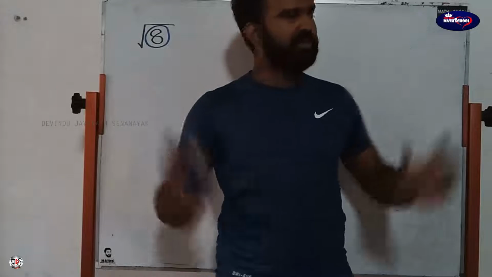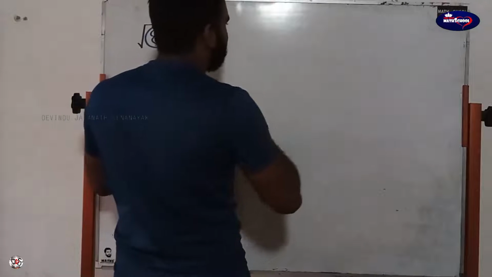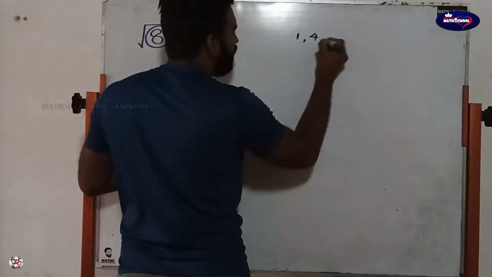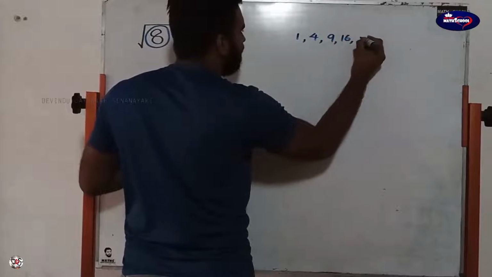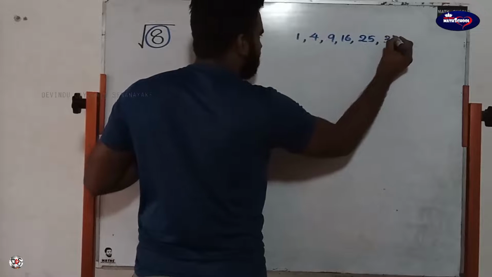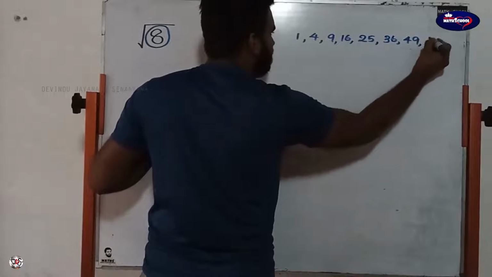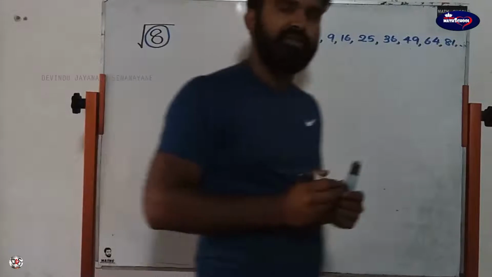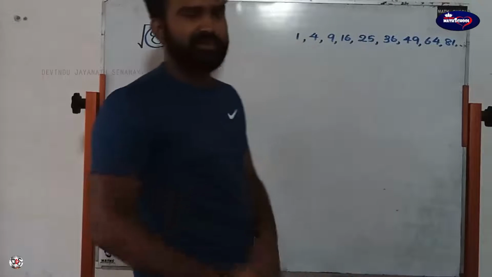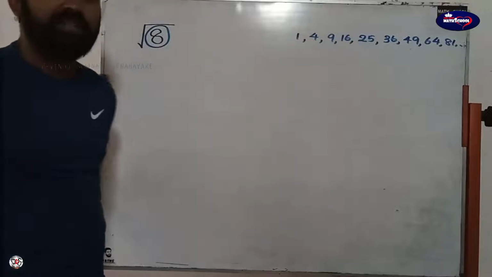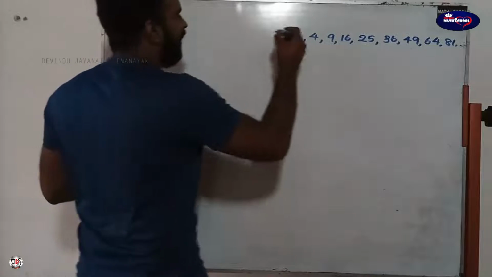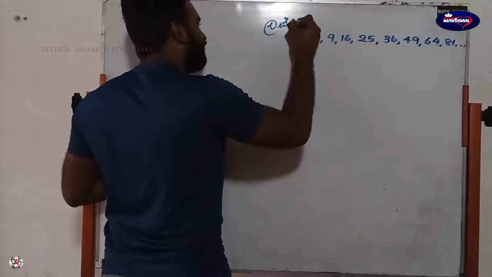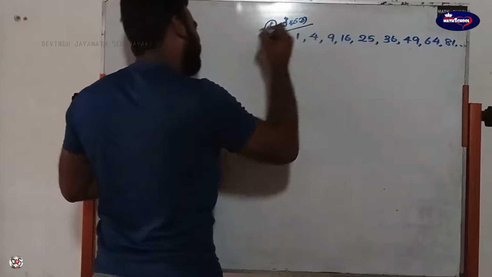So we have two sides. Let me take the nice ones: 1, 4, 9, 16, 25, 36, 49, 64, 81, 100, 121, 144, 169, 196, 225. All these are very nice. Right? So I will call these lassana numbers.